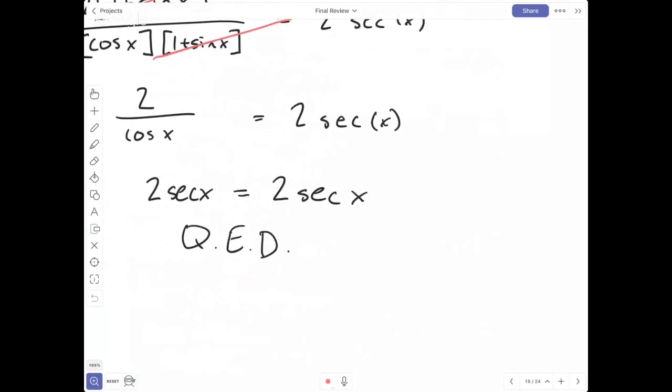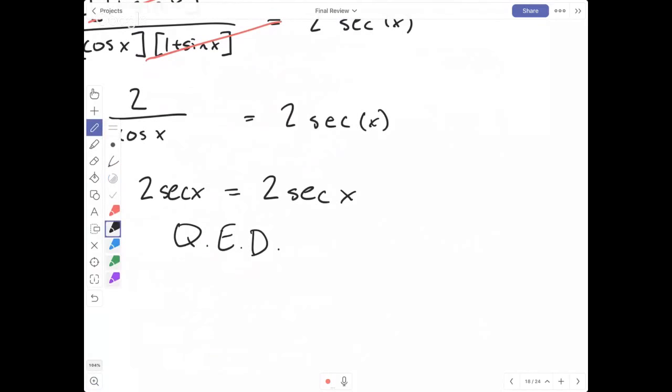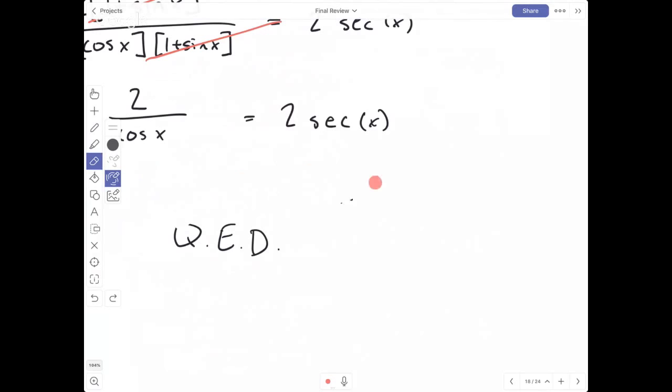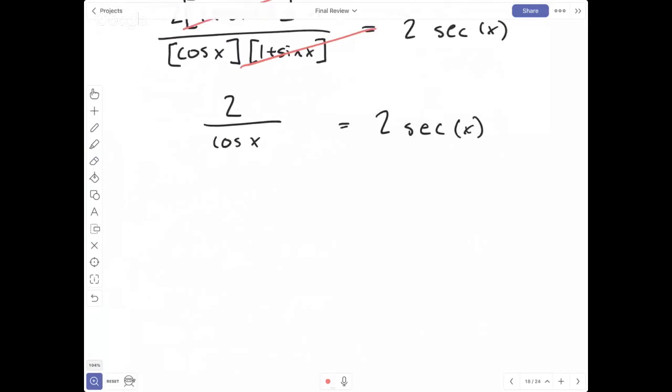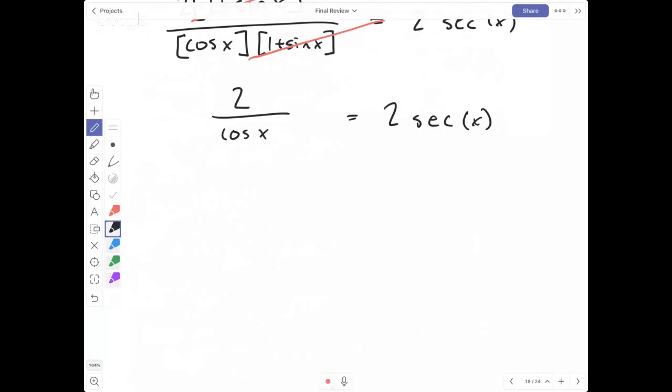Okay, let's show another step. 2 over cosine x. So let's back up here and not jump to 2 secant x. Okay, there we go. So I'm at 2 over cosine x, and I think to myself, oh, cosine x is the reciprocal of secant x.